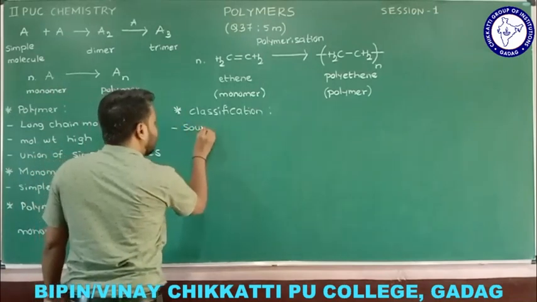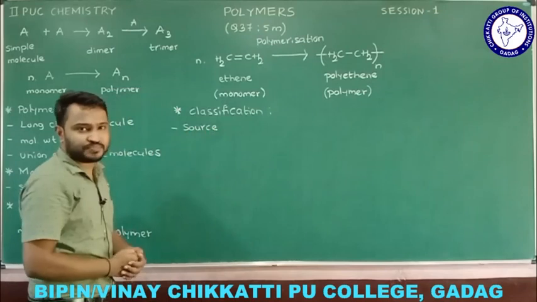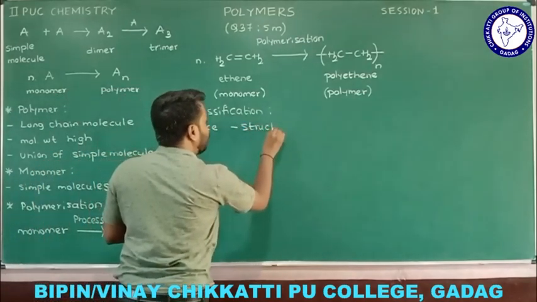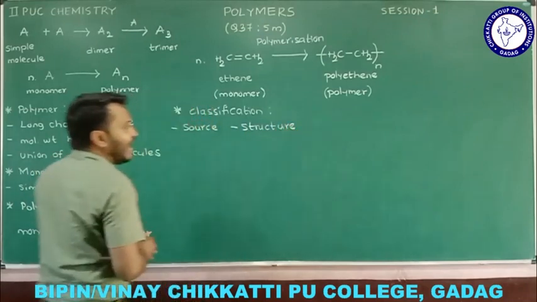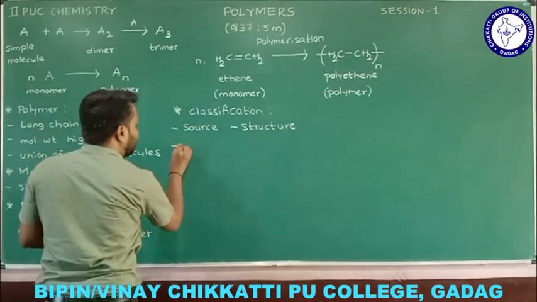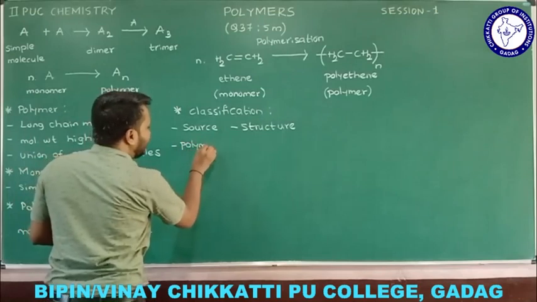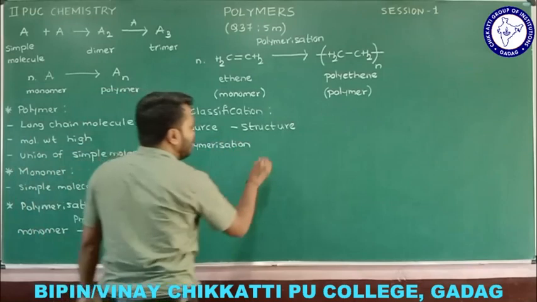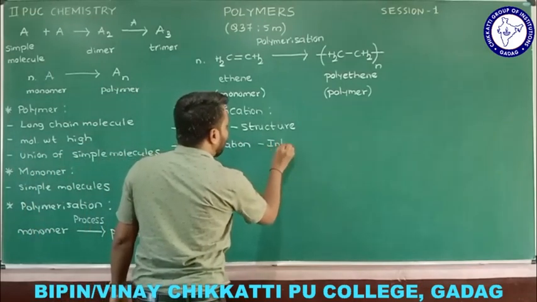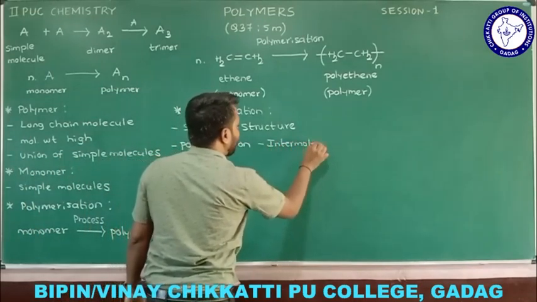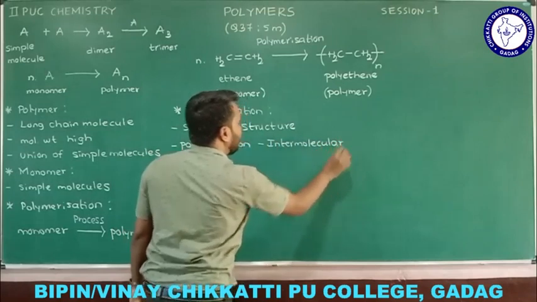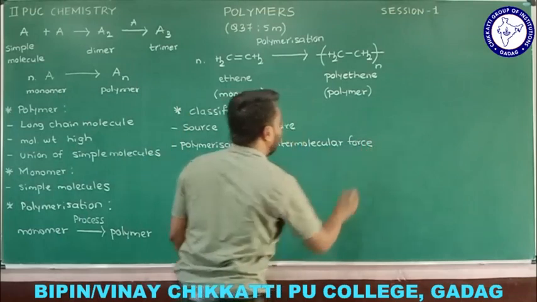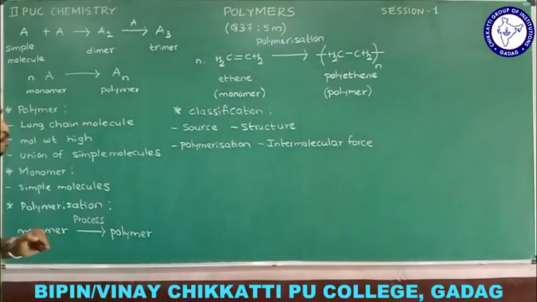Polymers are classified based on source, and polymers are classified based on structure also, and polymers can be classified based on polymerization, and polymers can be classified based on intermolecular force. So these are the four different conditions we have while classifying the polymers.